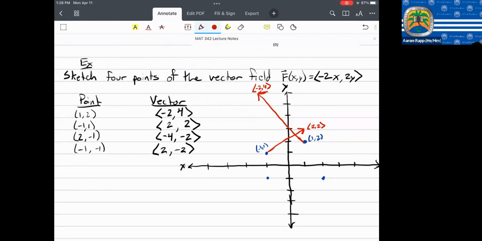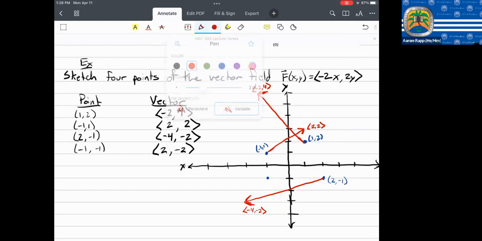So another strong little vector. 1, 2, 3, 4. And then last point, at negative 1, negative 1, where is that vector heading? So you go to the right and 2 down.